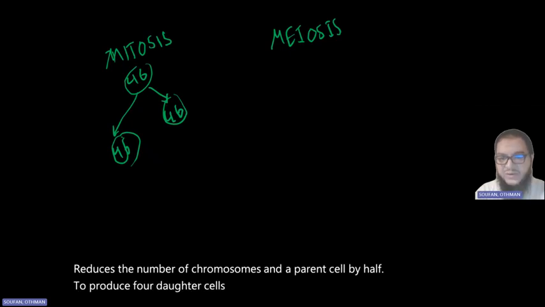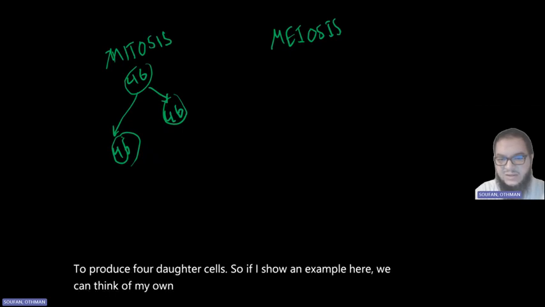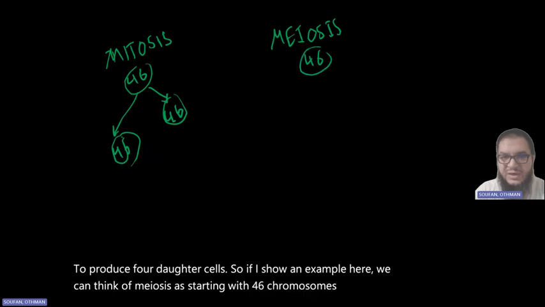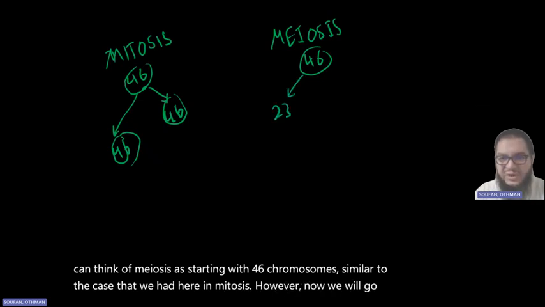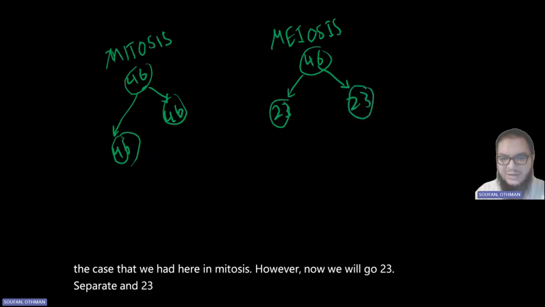So if I show an example here, we can think of meiosis as starting with 46 chromosomes, similar to the case that we had here in mitosis. However, now we will go 23 separate and 23 separate here, okay?